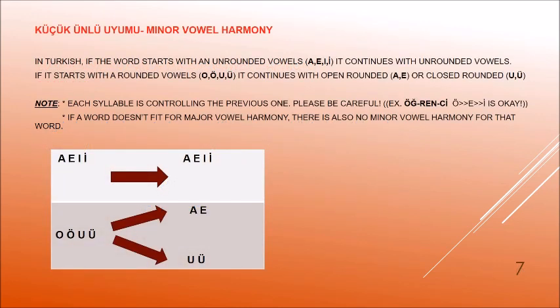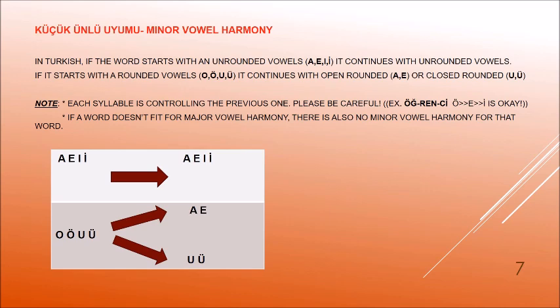Our second rule is küçük ünlü uyumu, minor vowel harmony. In Turkish, if the word starts with an unrounded vowel, it continues with unrounded vowels. If it starts with a rounded vowel, it continues with open rounded or close rounded. So while we are discussing küçük ünlü uyumu, we need to be careful about each syllable. This time, each syllable is controlling the previous one.